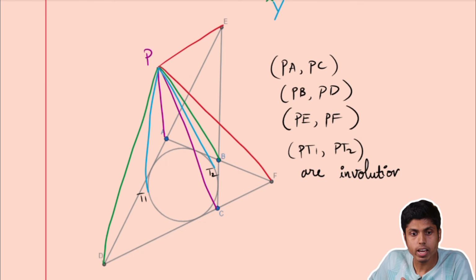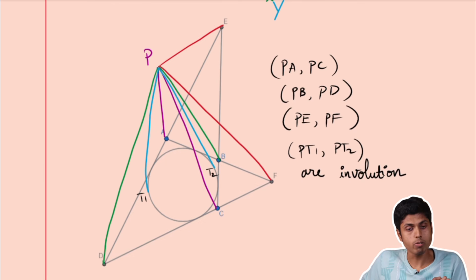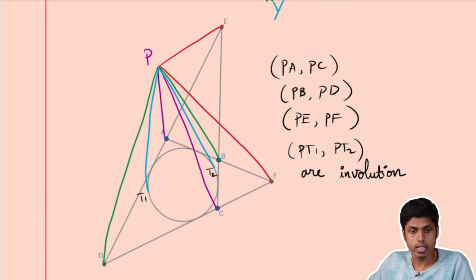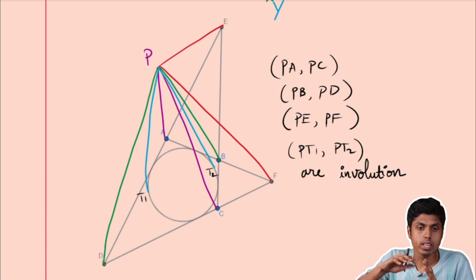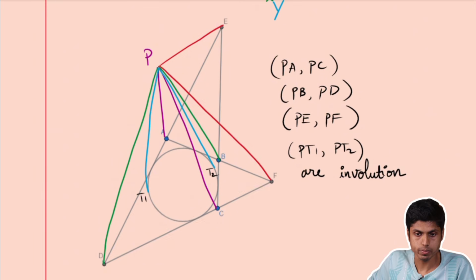Observe that previously we had a cyclic quadrilateral and now we have a tangential quadrilateral in which you can inscribe a circle touching all four sides of the quadrilateral. This is true for any general complete quadrilateral, and this is the statement of Desargues' involution theorem. Let's take a look at the actual diagram.